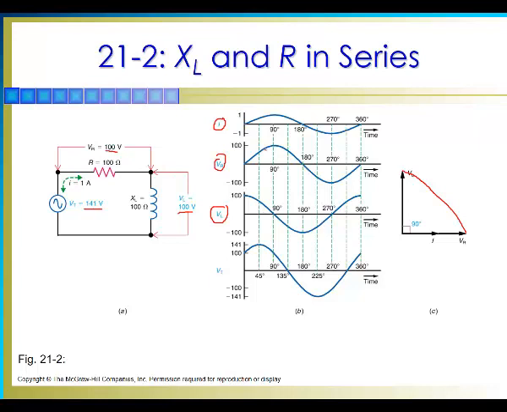So if we add this voltage plus this voltage, we will get this other form right here. This waveform is the waveform for the total voltage. When we add these two, that one plus this one will give you this one right here.